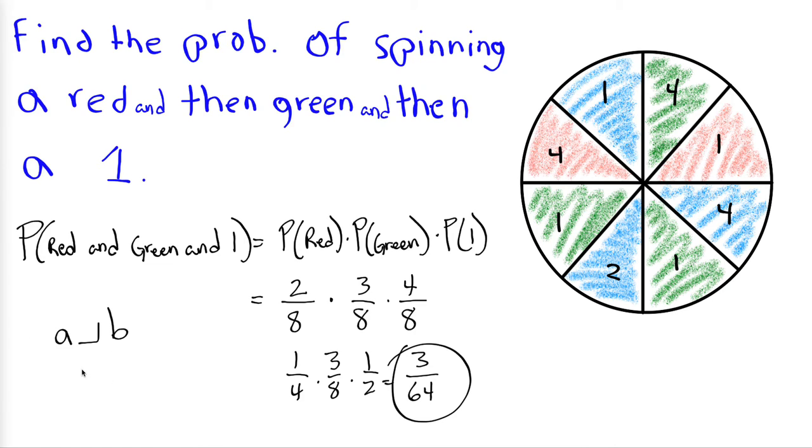Some of you have a button that says F and then D. That's how to change your answer between fraction and decimal. So if your answer is shown as a decimal, you hit this button and it changes it to a fraction. If your answer is a fraction and you hit it, it'll change it to a decimal. Each calculator is a little bit different. I can help you with your own individual calculators if you want. But it didn't have to be a fraction. I just thought I'd bring that up and show that.